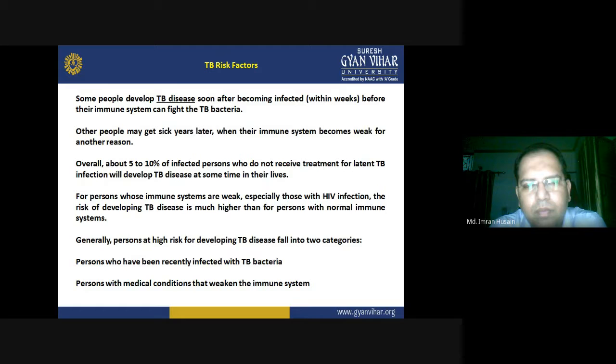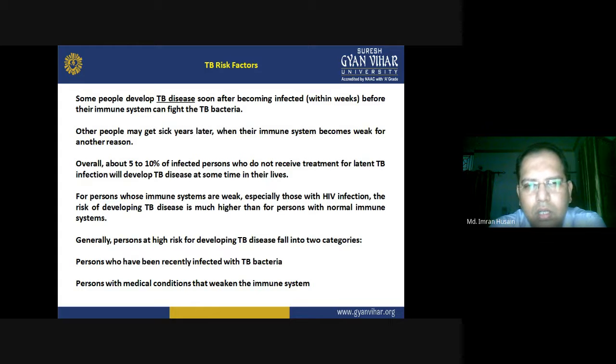So it is a funny fact that 80% of Indians are potentially carrying TB bacteria, although it is asymptomatic. But they do have TB bacteria in their bodies.